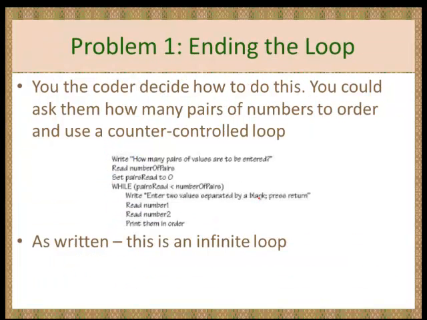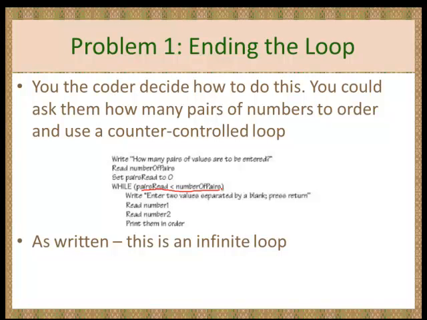Okay, so here's the solution to problem 1, ending the loop. You, the coder, are going to decide how to do this. You could ask them how many pairs of numbers to put in order, and if you do this, then you have a counter-controlled loop. Let's take a look at the solution here. Notice that our while loop has changed from not done to a relational expression.